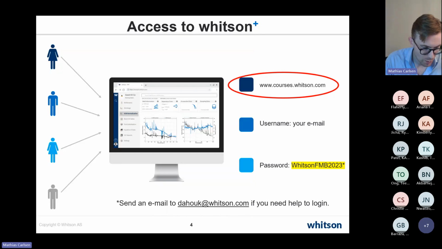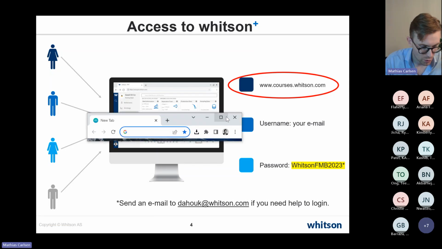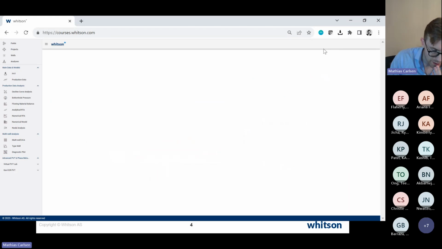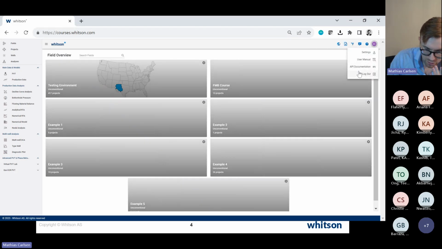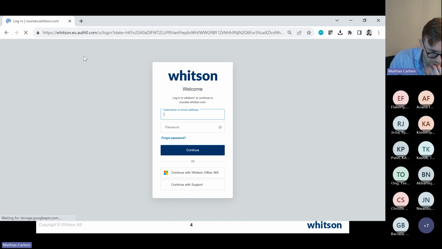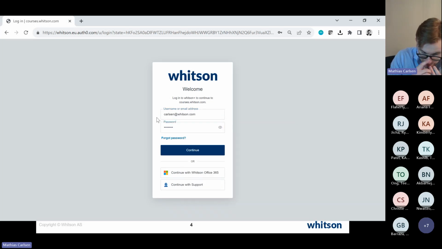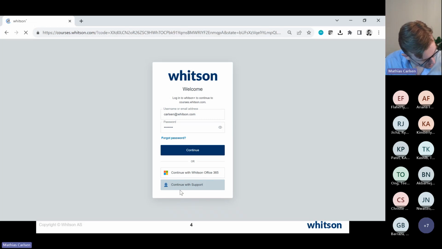Just to make sure that we can do this together, open your browser and go to courses.whitson.com. I'll be logged in already because I did this before the break, but make sure that you click here, fill in your username, which is the email, and then your password right here, and then click continue.